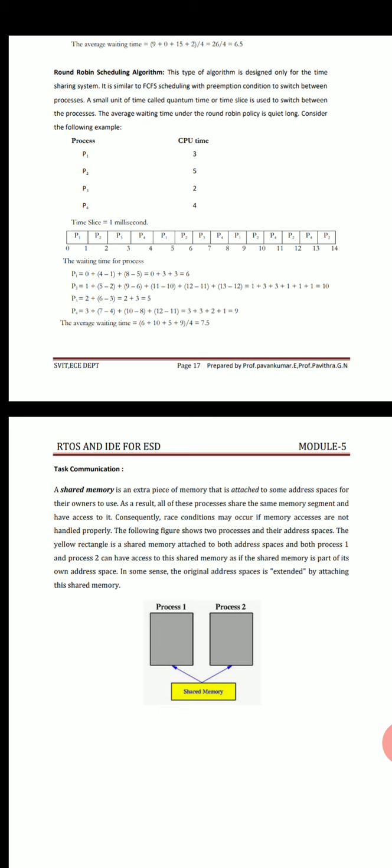The average waiting time under the round robin policy is quite long. Consider an example with processes P1, P2, P3 and P4, and CPU time for P1 is 3, P2 is 5, P3 is 2, and P4 is 4. The time slice for each process is 1 millisecond.